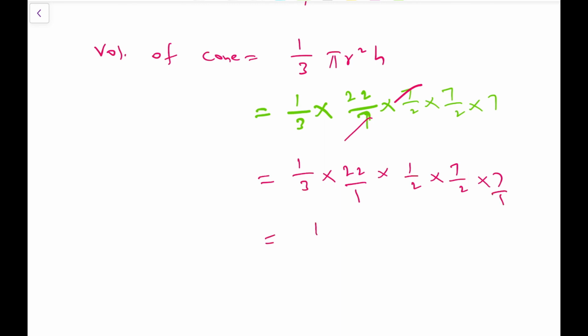So that will be equal to 1078 divided by, multiplying all the denominators, 3 into 1 into 2 into 2. 3 twos are 6, 6 twos are 12, 12. So 1078 divided by 12, we are finding volume, so that will be centimeter cube. Approximately 90 centimeter cube it is.